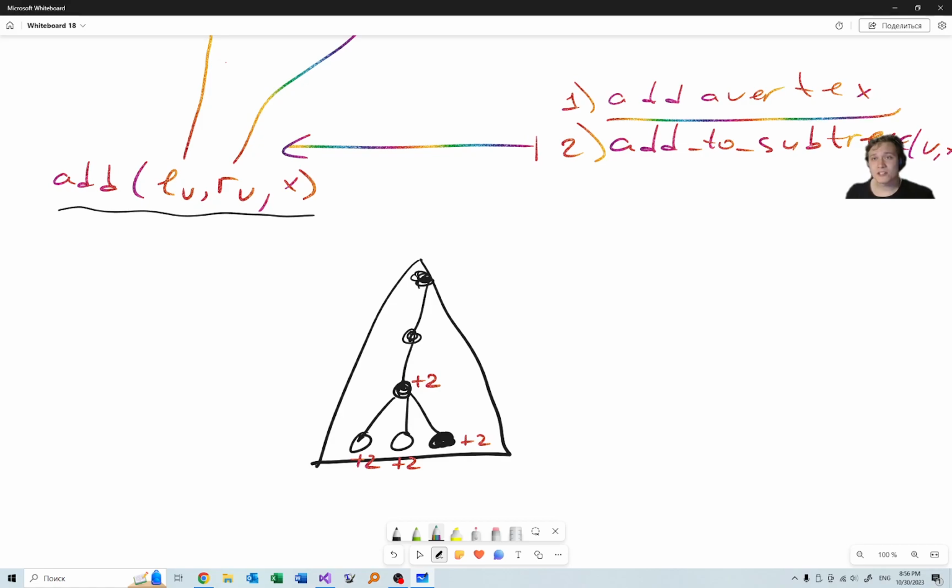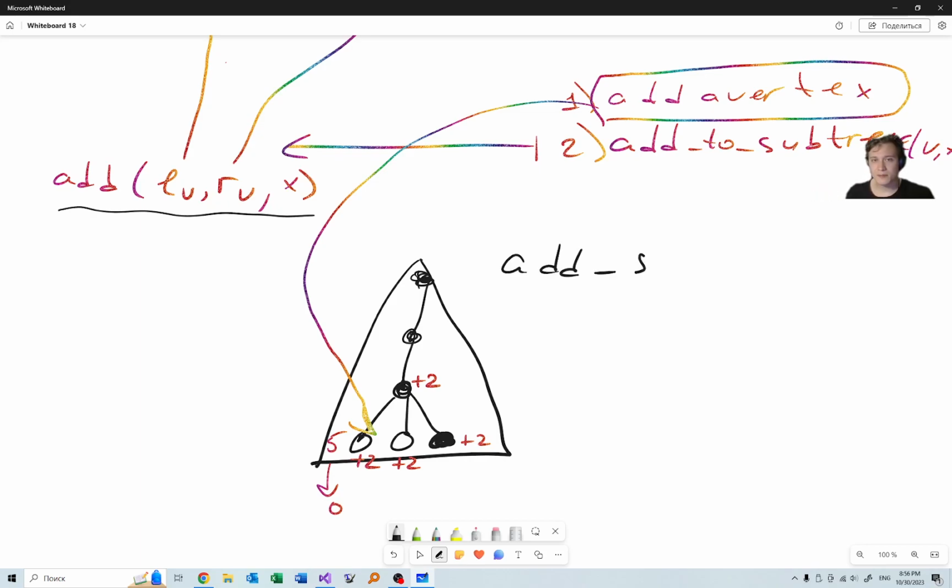Then this operation simply says activate some vertex. And during the activation, we need to nullify this number. Yeah, so if it was like 5, it should become 0 now. So we need the following operations: add on a segment, find element, and add to element.